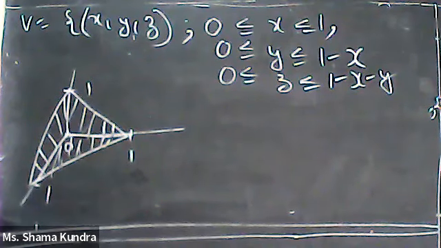So in any problem where you have a 3D structure, mostly we take x as constant, and y and z in terms of x. You can take the constant according to your choice, but the commonly used pattern is to take x as constant, y in terms of x, and z in terms of x and y.